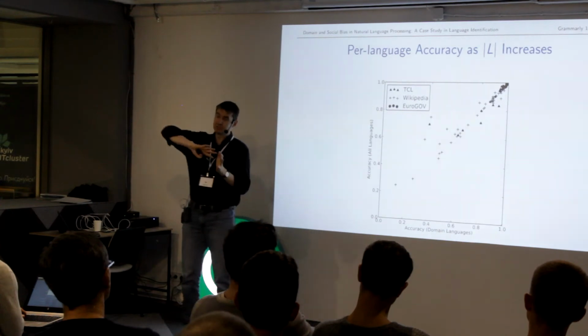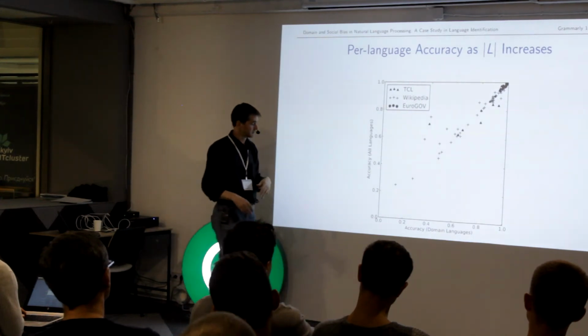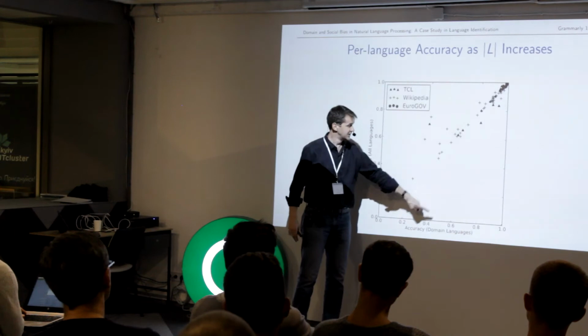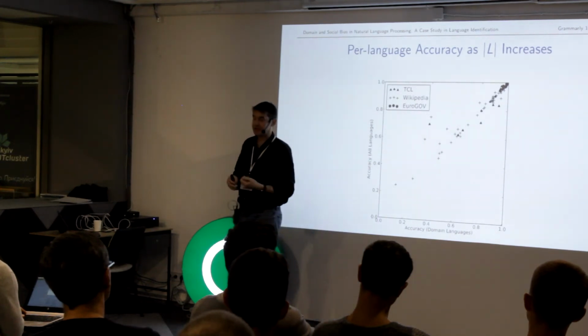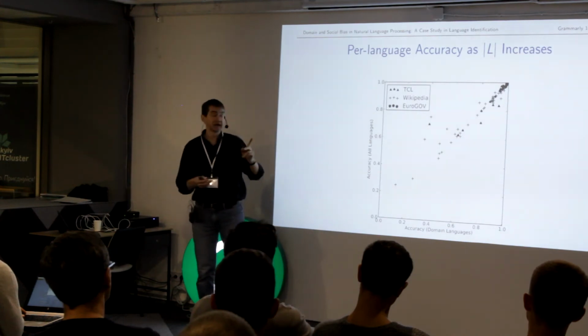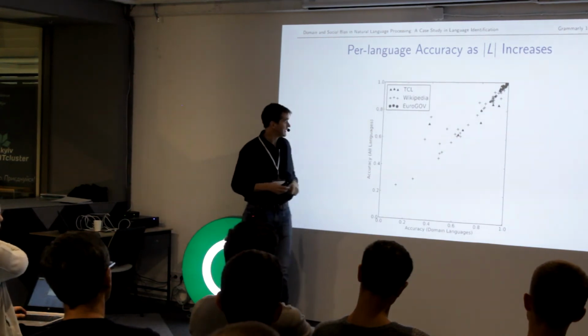So if I prune out these, or if I retrain my model throwing out these extra languages, versus just having an off-the-shelf system with languages which I know actually aren't represented in my data set, what do I do?